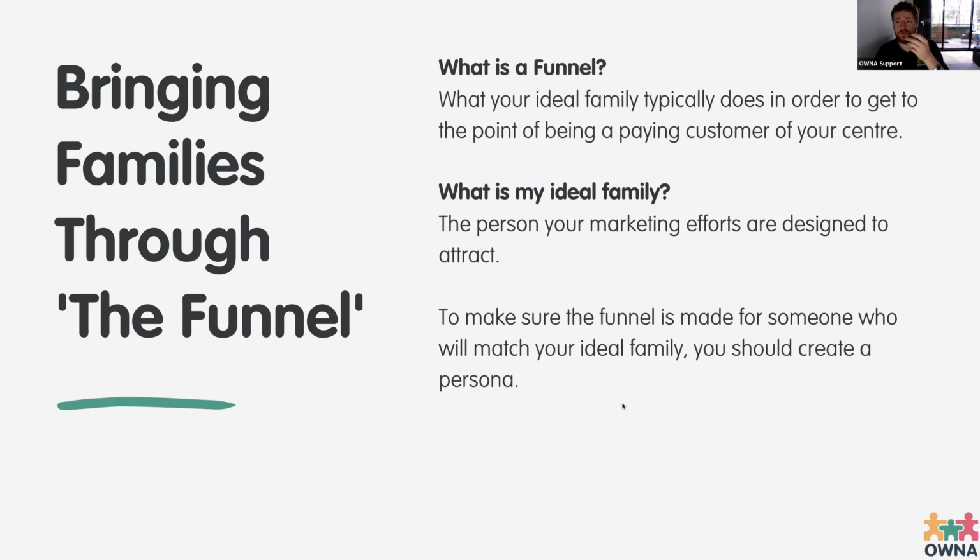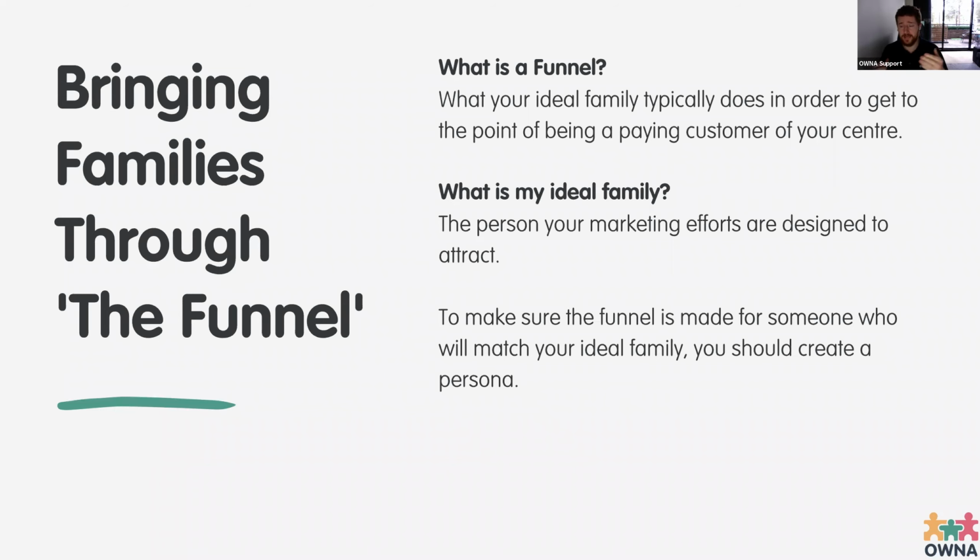So we spoke about the competitors and the point of difference. The second group of people is your families, and we like to bring them through what's called the funnel. A funnel is essentially what your ideal family typically does in order to enroll in your center. An ideal family is the person your marketing efforts are designed to attract.